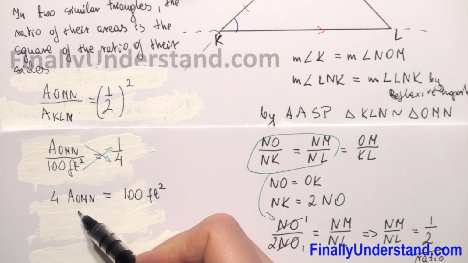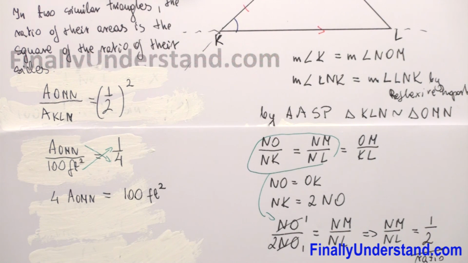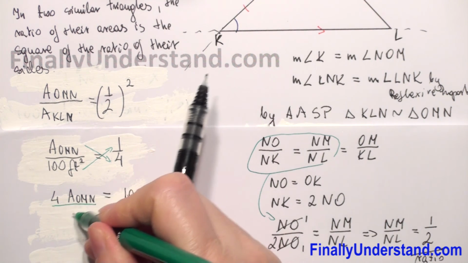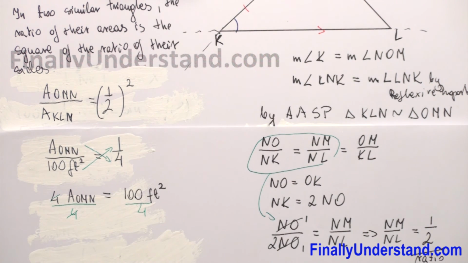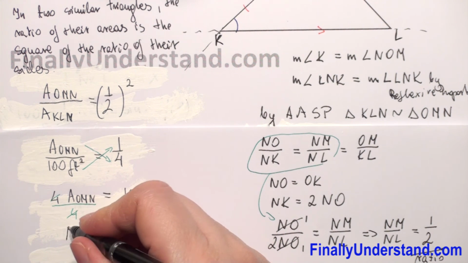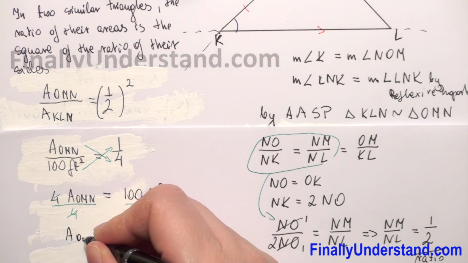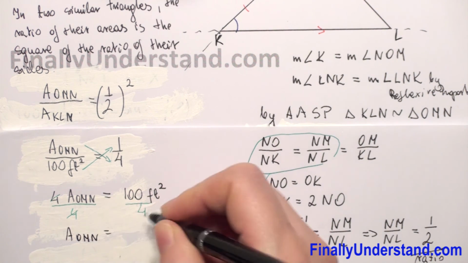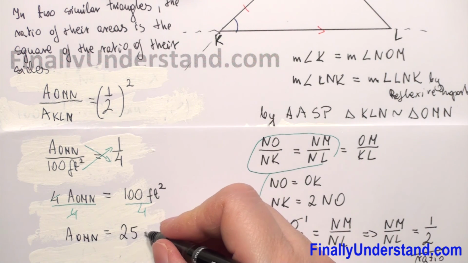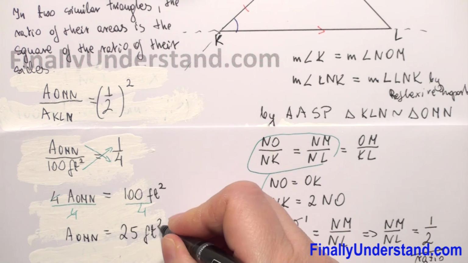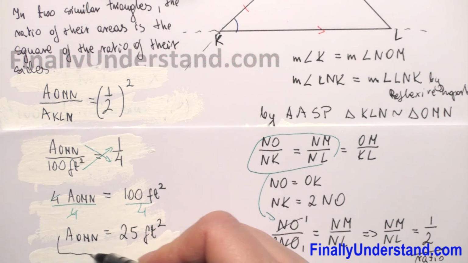And now, because we need to find the area, we will divide both sides by 4. 4 and 4 we can reduce, and we have that the area of triangle OMN is equal to 100 divided by 4, which is 25 square feet. So we found the area of our triangle. This is my solution.